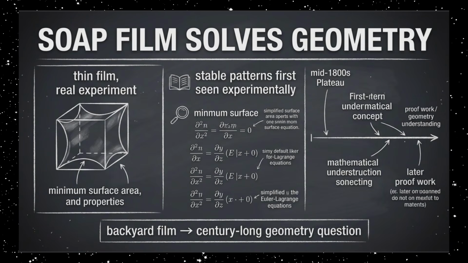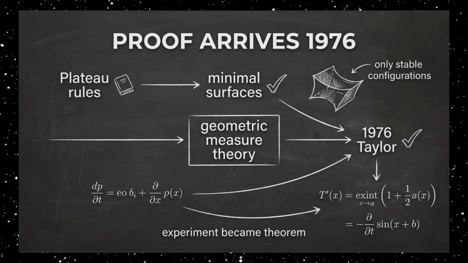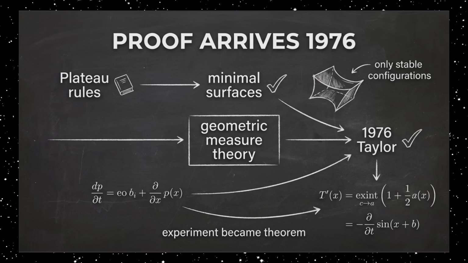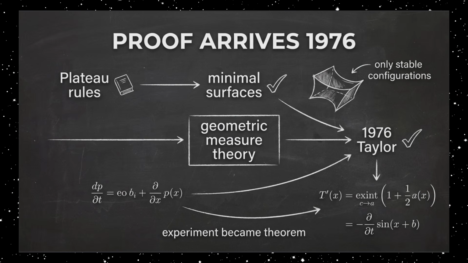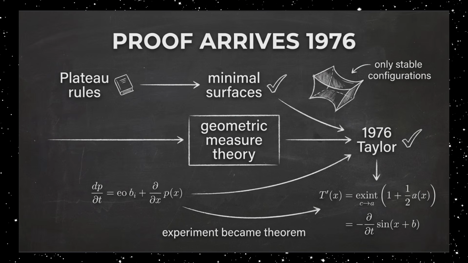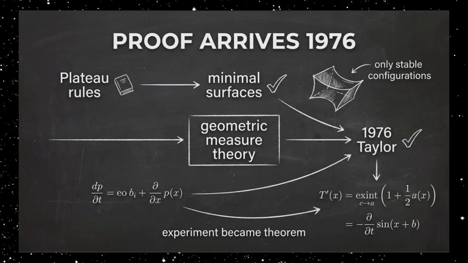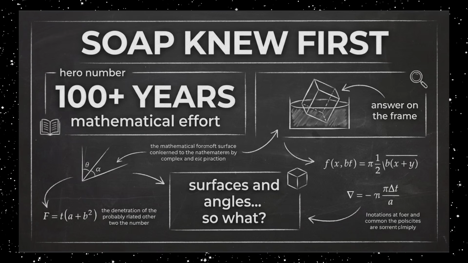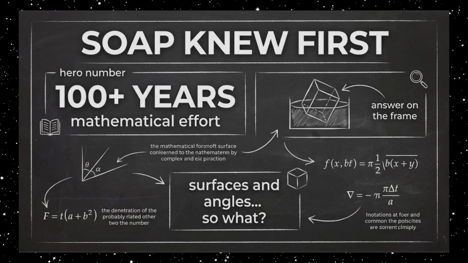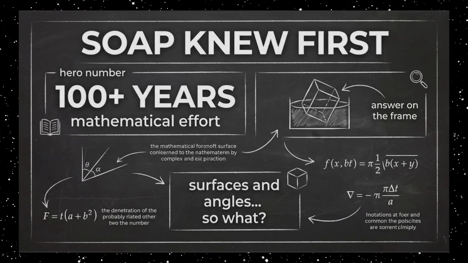But proving that these rules followed necessarily from the mathematics of minimal surfaces, that they were the only possible stable configurations, that took until 1976, when a mathematician named Jean Taylor nailed it down using a branch of abstract mathematics called geometric measure theory. More than 100 years of effort by serious mathematicians. And the soap film had the answer the whole time, just sitting there on the wireframe waiting for someone to notice.